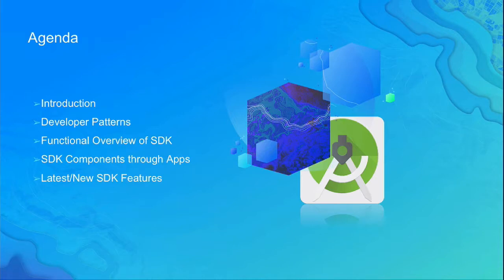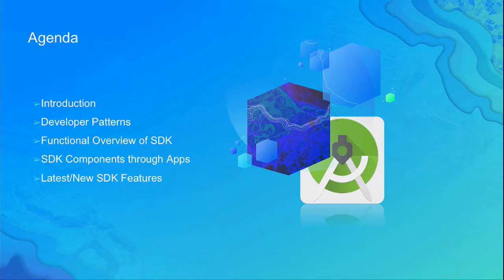Then we'll have a functional overview of the SDK where we'll try to cover the different aspects, how we design the API, so that it gives you a high-level overview for you guys to choose which areas to work for your apps.